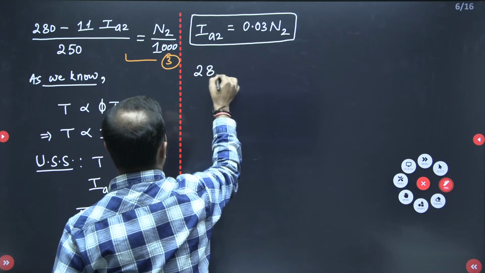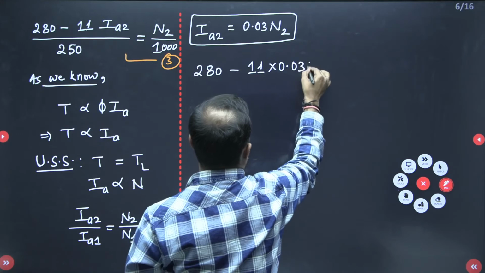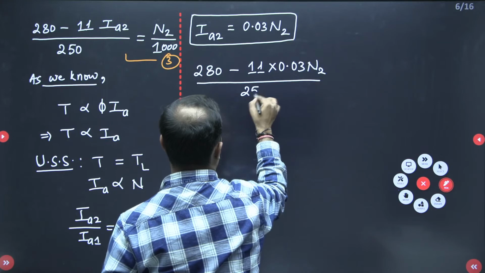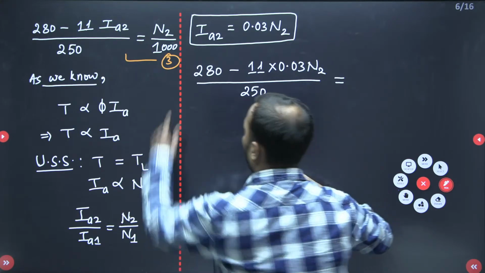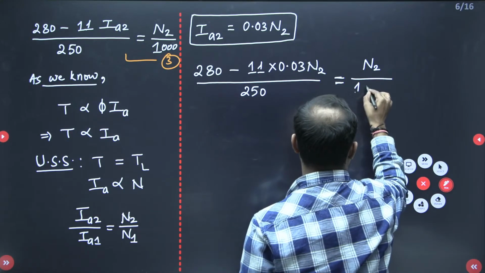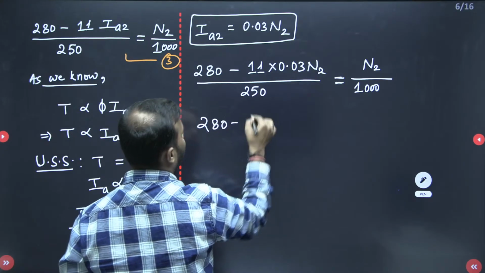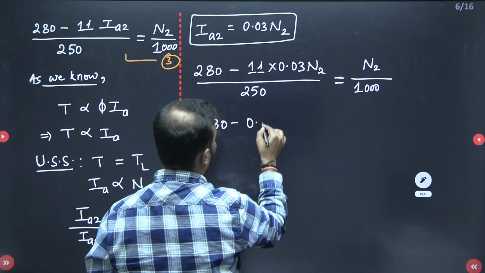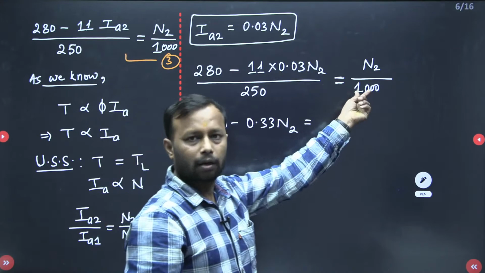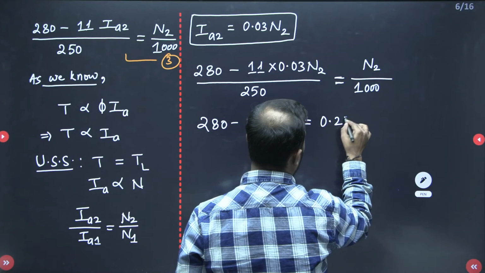So 280 minus 11 into 0.03 N2, whole divided by 250, is equal to N2 by N1, and N1 is 1000. 280 minus 0.33 N2, and here 250 by 1000, so it will be 0.25 N2. See, here we have only one unknown.